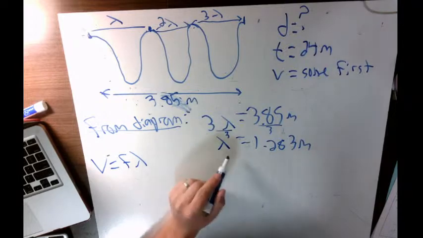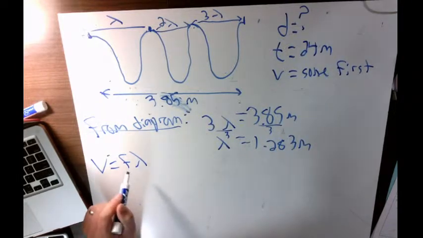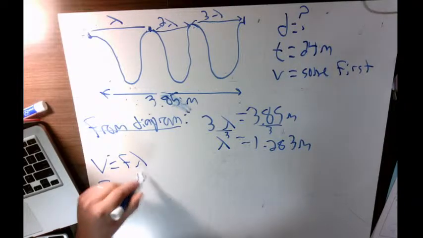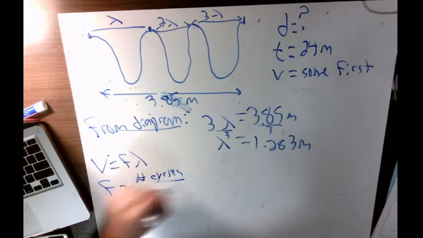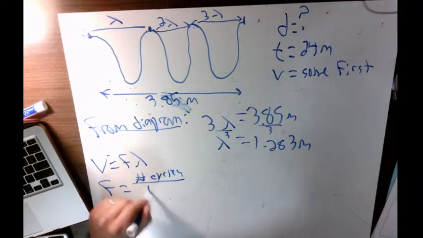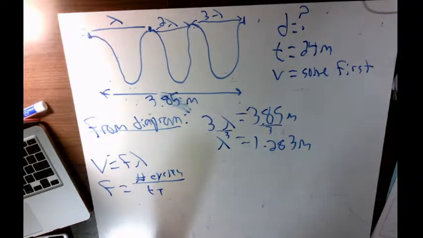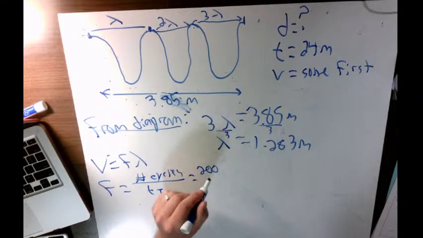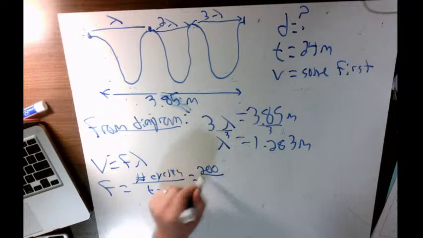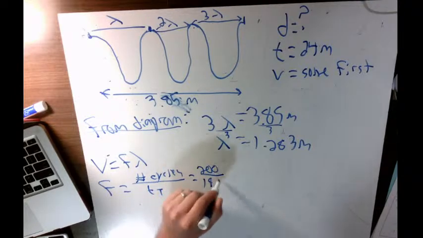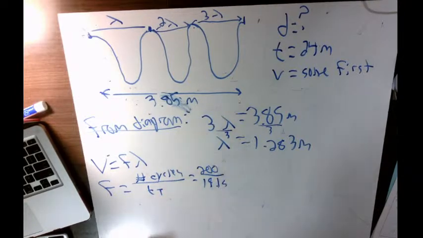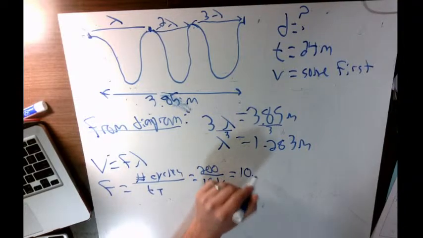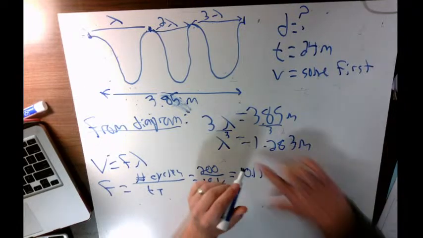We have wavelength, we need to find frequency. Frequency is always equal to number of cycles divided by our time. The question tells us this generator does 200 oscillations, or 200 cycles, in 19.1 seconds. So we have a frequency of 10.47 hertz.